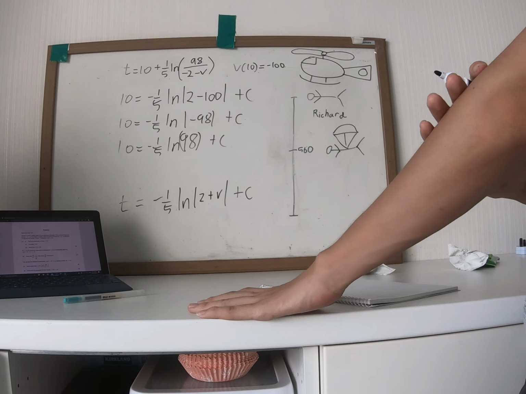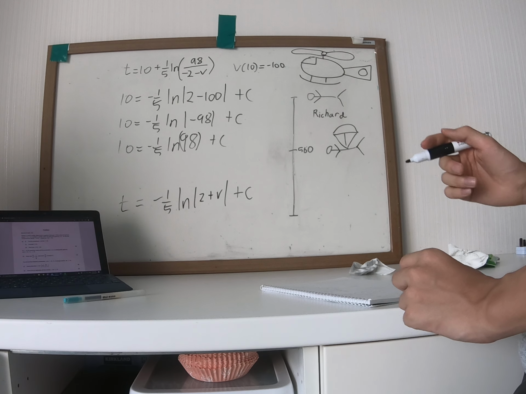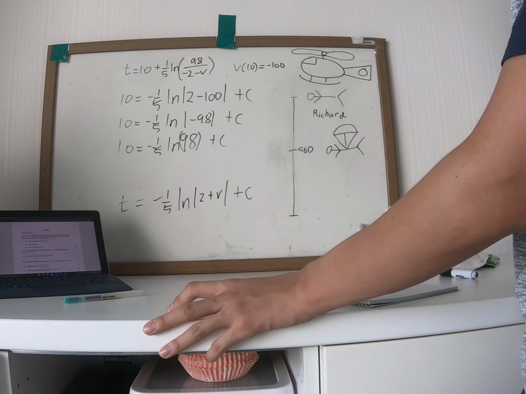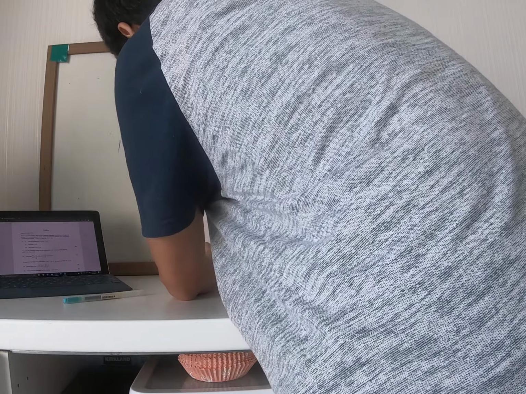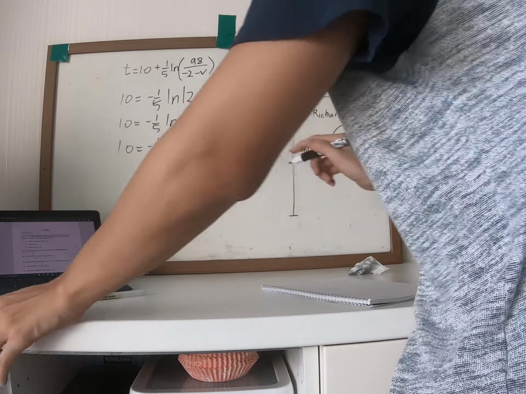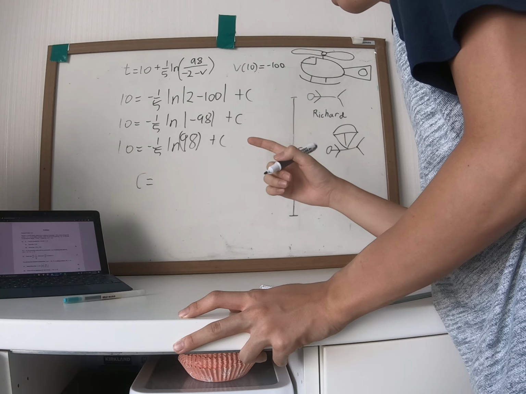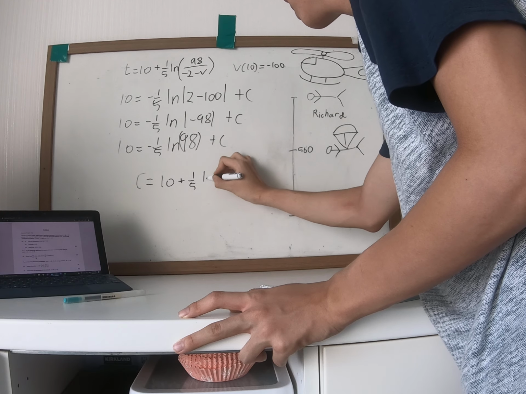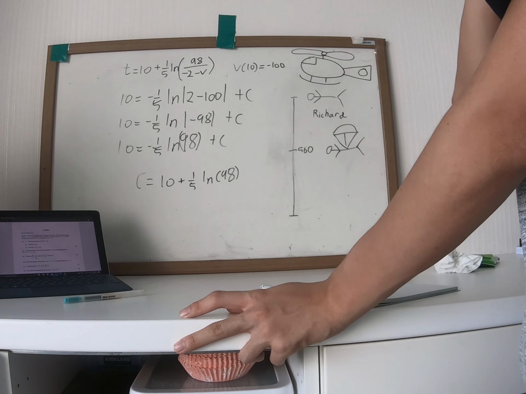This is the final simplified equation you get. Now to get c, we just move some variables around. So c equals 10 plus 1 over 5 ln 98, and that is the c we wanted to get.